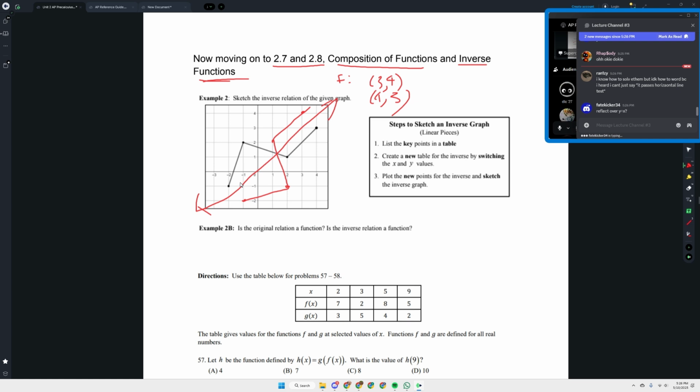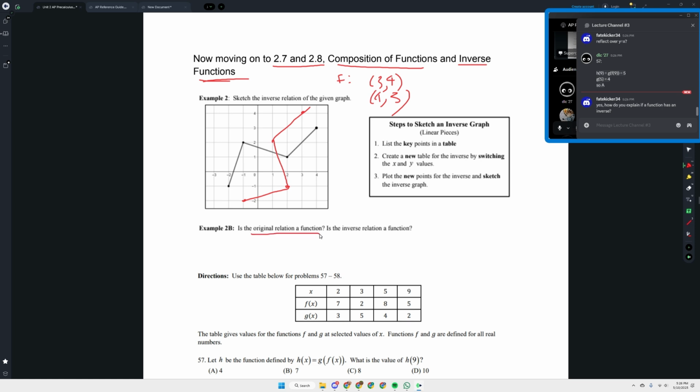You cannot say horizontal line test. So you would say something like there's no repeated y values. So for this one, is the original relation a function? Is the inverse relation a function?